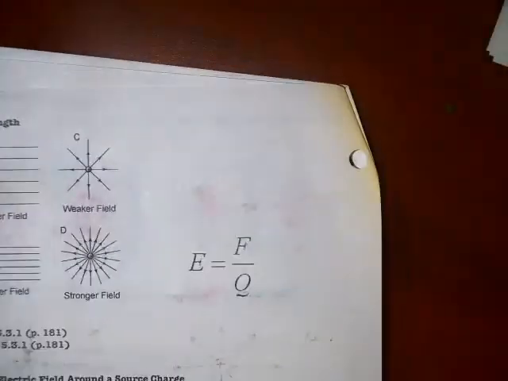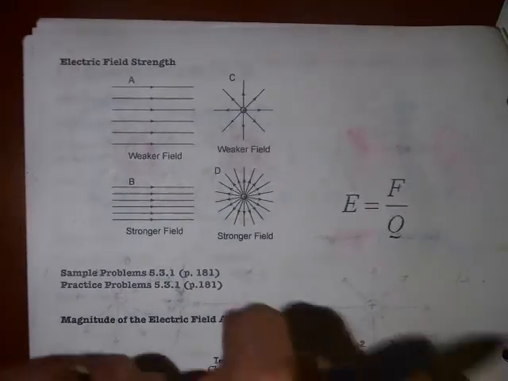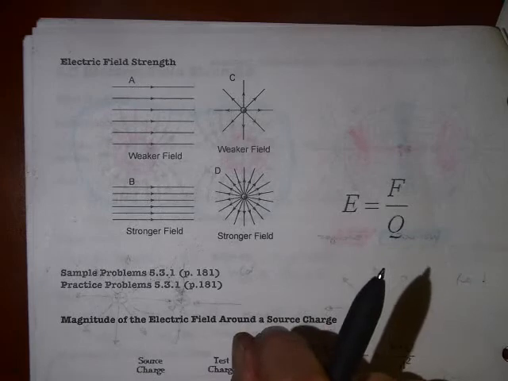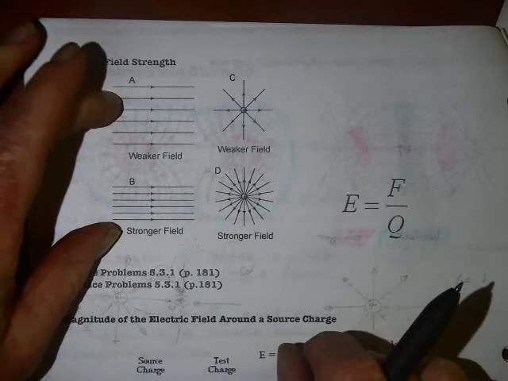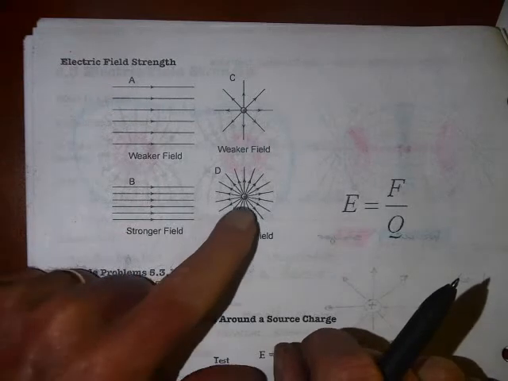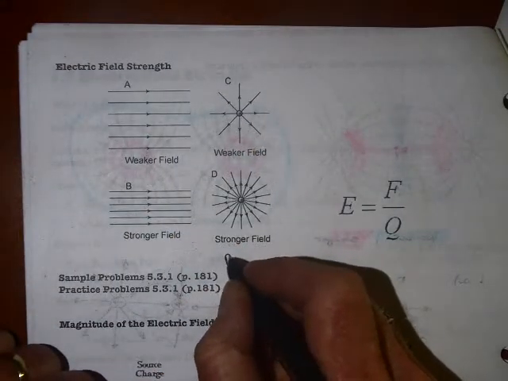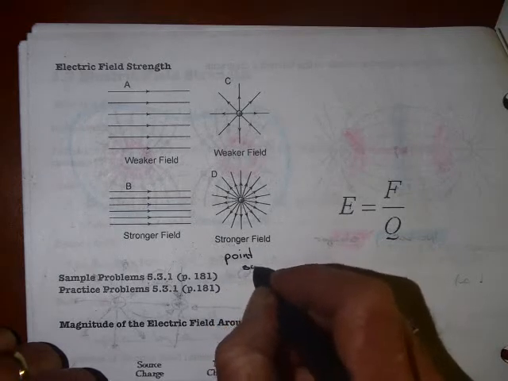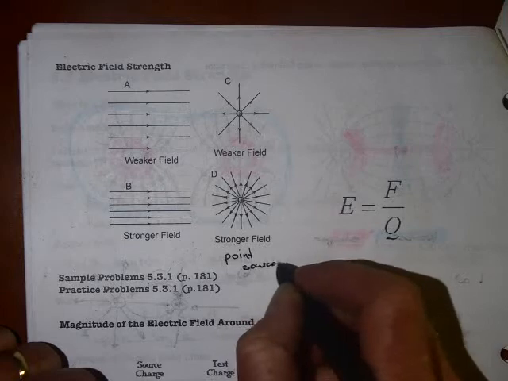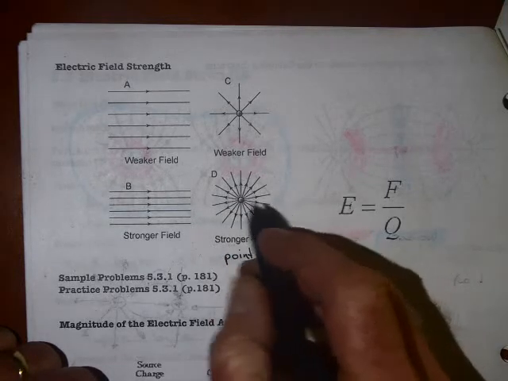And so these diagrams are introducing uniform fields as opposed to points. So these two on this side are point sources. You can see they're both positive, they're both going the same direction.